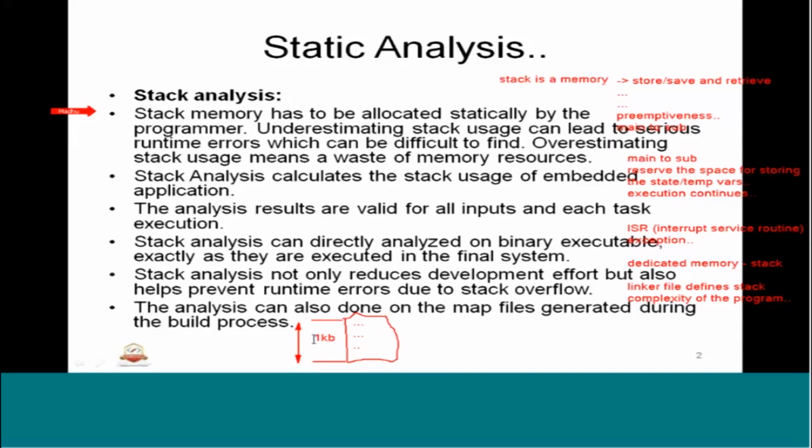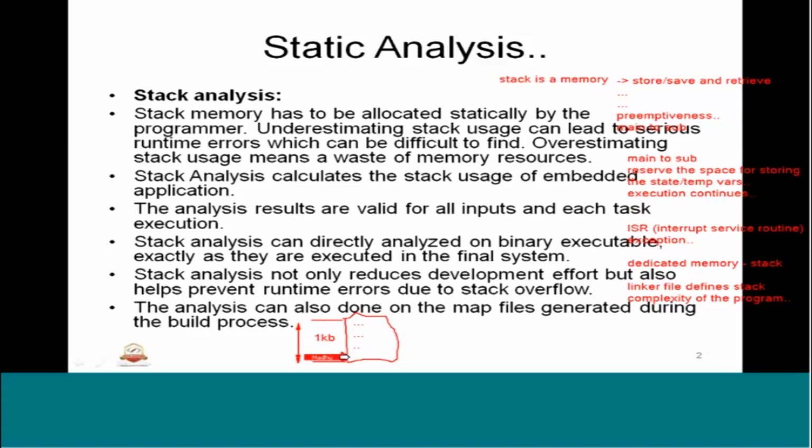This area will be utilized by the program, and the stack will usually grow from the lower to the higher side. Whenever there are events like subprograms, subroutines, or subfunctions being executed, or there is a preemption from the ISR, the stack memory will be used in order to save the states and the variables inside the stack, and it will start saving from lower to higher likewise till the last phase.